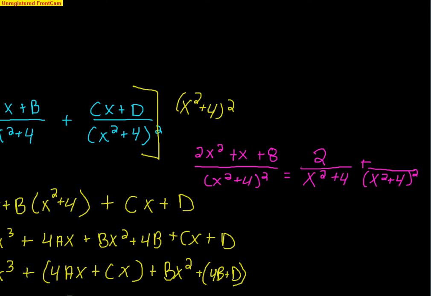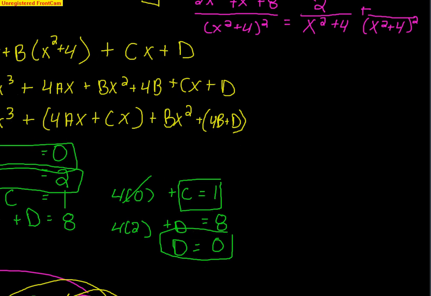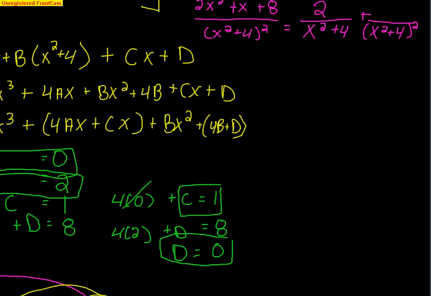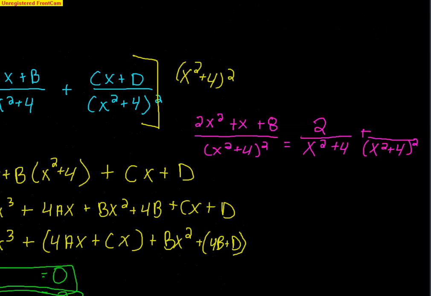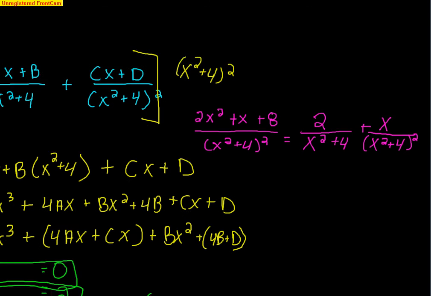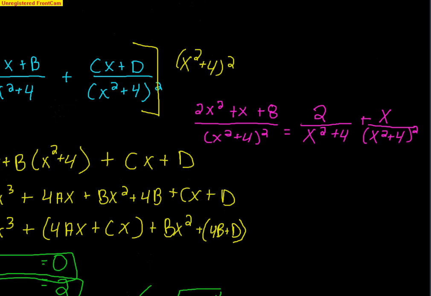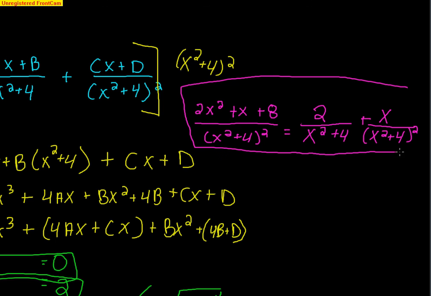And then for cx plus d, we got 1 for c and d equals 0, so we put an x because c equaled 1, and d equaled 0, so we don't have to write anything for that one. So this is the answer. That's a little bit on how you solve partial fractions.